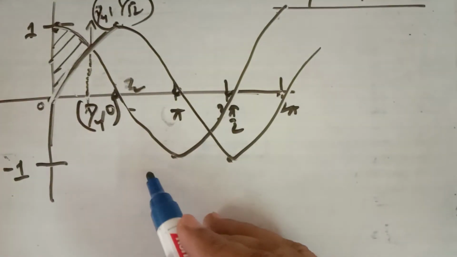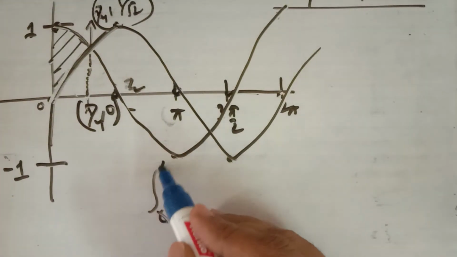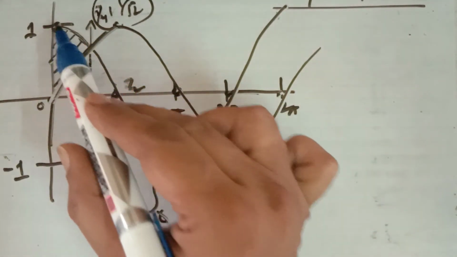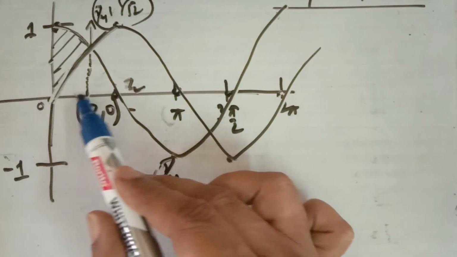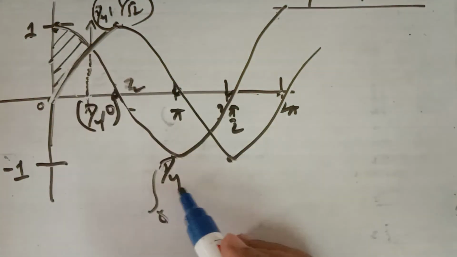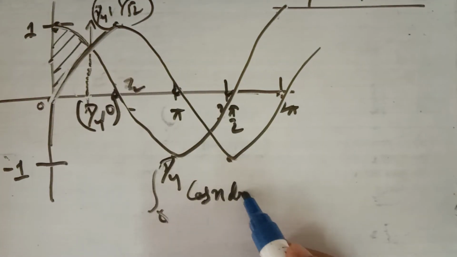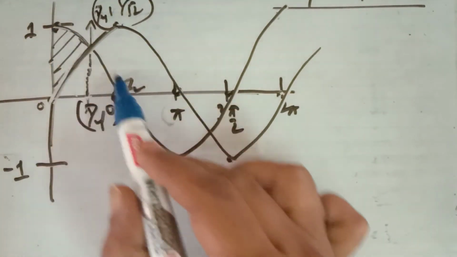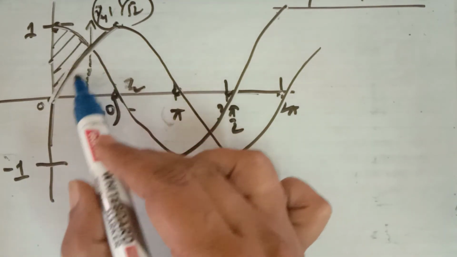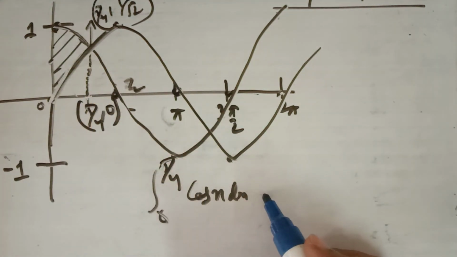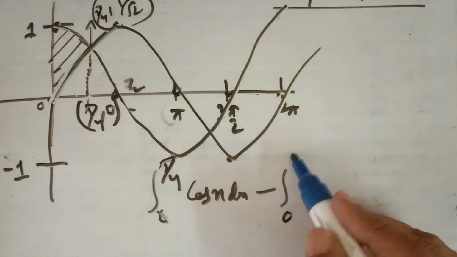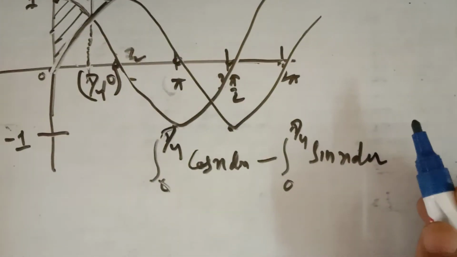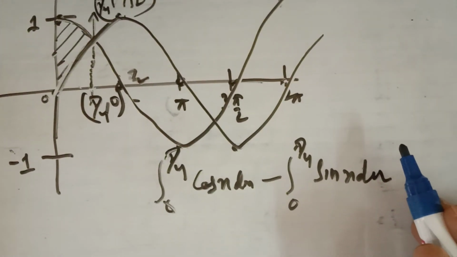So first of all, find the area bounded by the curve cos x from 0 to pi by 4, and this extra area is touching the curve sin x. So subtract sin x from 0 to pi by 4. So this is the area bounded by these two curves touching the y-axis.